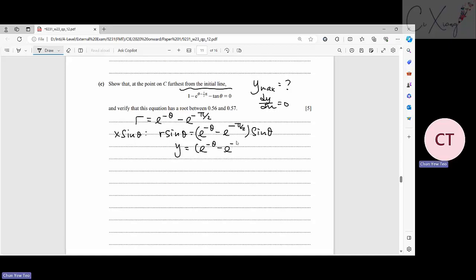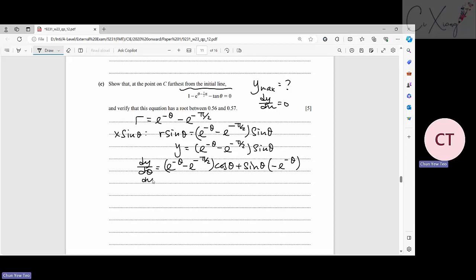So in order to get the maximum distance from the initial line, just have dy d theta equal to 0. You don't have to make it dy dx equal to 0. So I just want to have dy d theta equal to 0. So dy d theta is you keep the left, differentiate the right, plus you keep the right, and you differentiate the left.